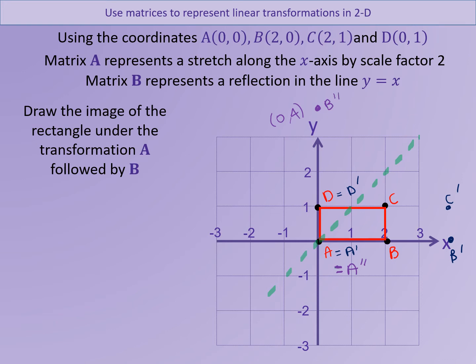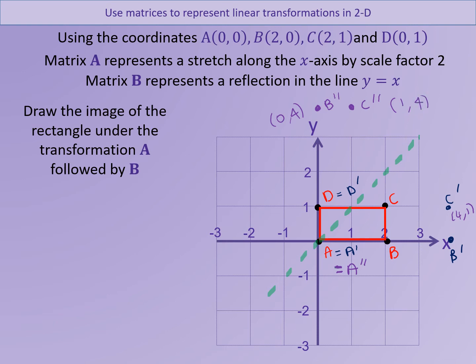C, which has coordinates (4, 1), reflected in y equals x, will go to this position here, which is C double prime, and that will have coordinates (1, 4).